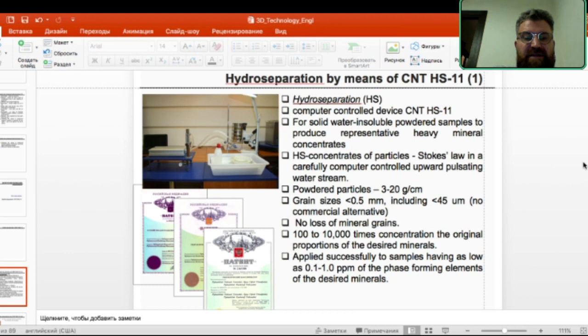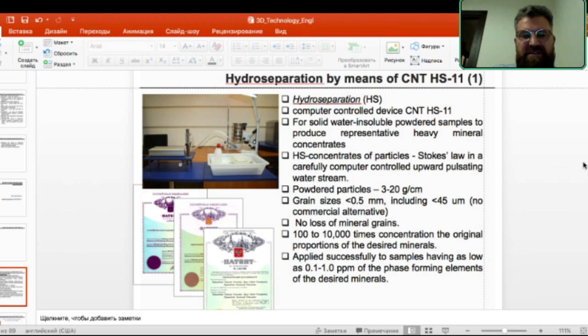It is used for solid, water-insoluble powdered samples to produce representative heavy mineral concentrates, as we said, but those particles should be separate minerals. So basically every mineral, whenever it's recovered by electric pulse disaggregation, is a separate grain, and it's got its own density.